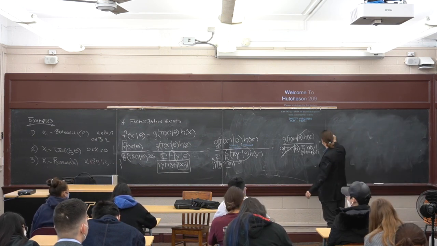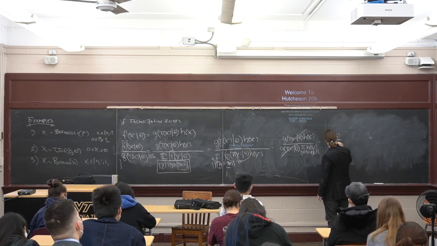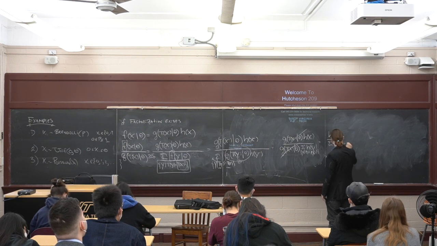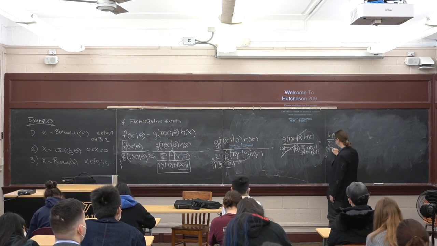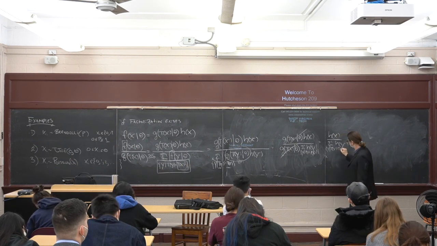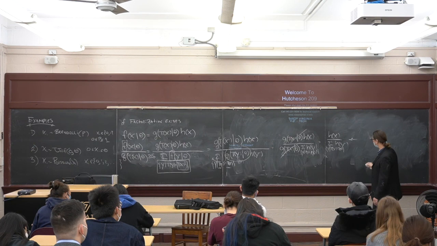So I'll just write down the last bit. H of x over the sum of the h(y)'s. I'll just write down the notation for completeness. So this is just the ratio of your normalizing constants.